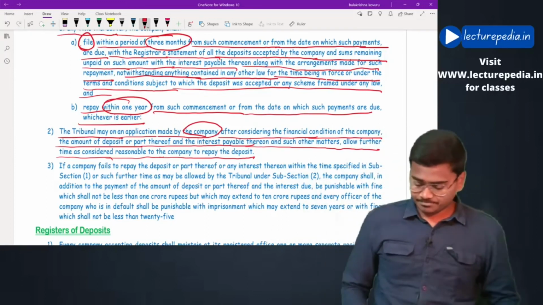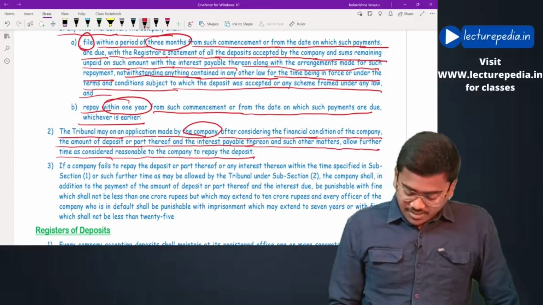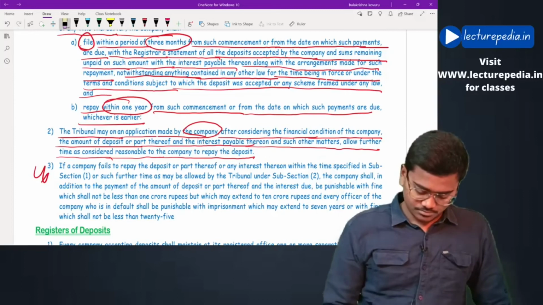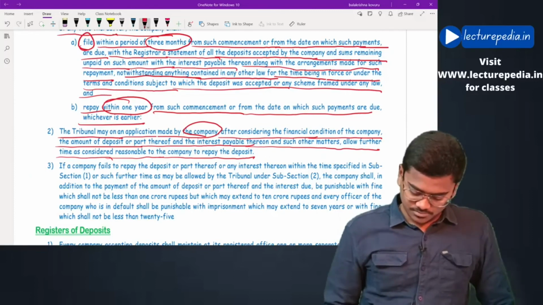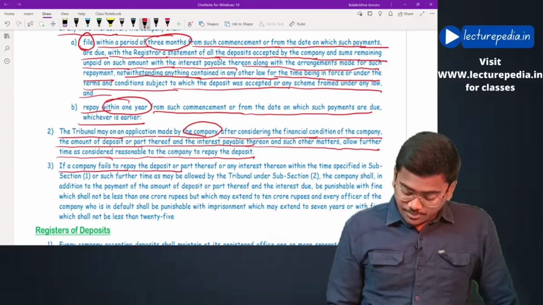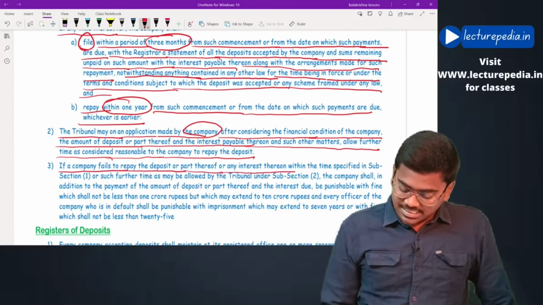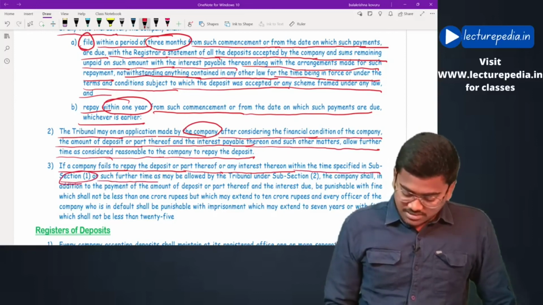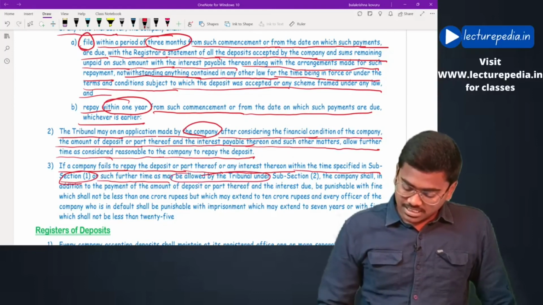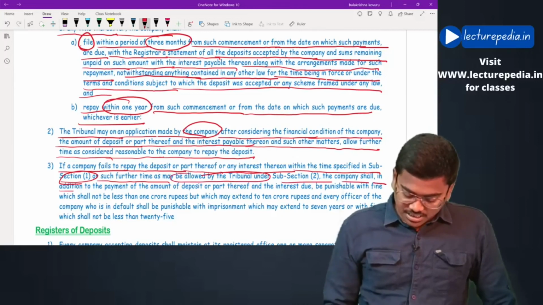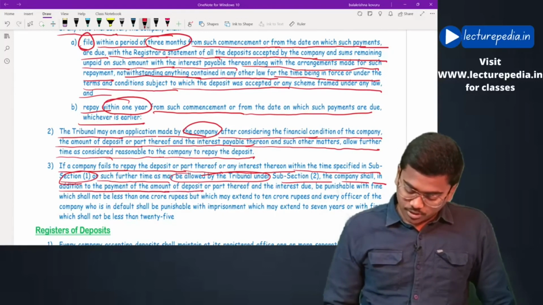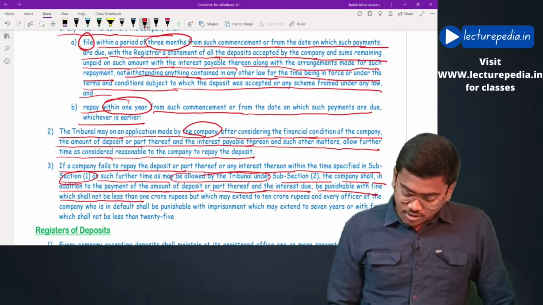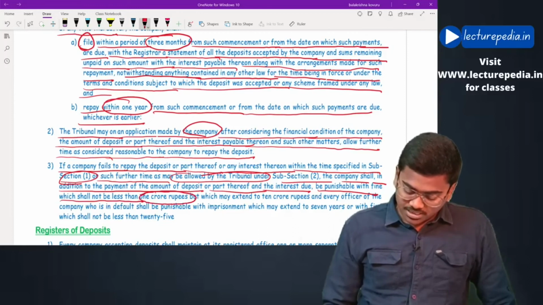Okay, next, if a company fails to repay the deposit or part thereof or any interest thereon within time limit specified in subsection 1 or such further time as may be allowed by the tribunal under subsection 2, the company shall, in addition to payment of amount of deposit or part thereof and interest due, be punishable with fine which shall not be less than 1 crore rupees.